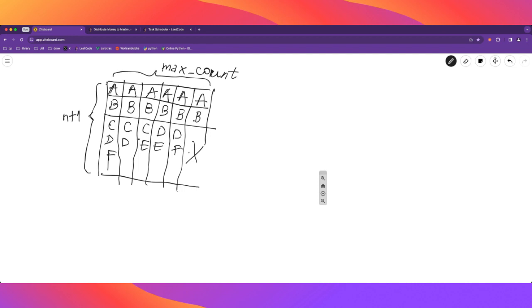But since all these letters occur fewer times than the maximum, we're never going to get one that is like this. For example, if you had a D here, then it would be a problem, because between this D and this D, there aren't n things.